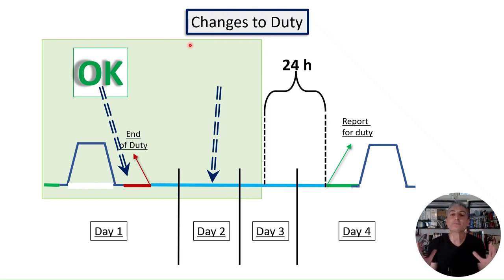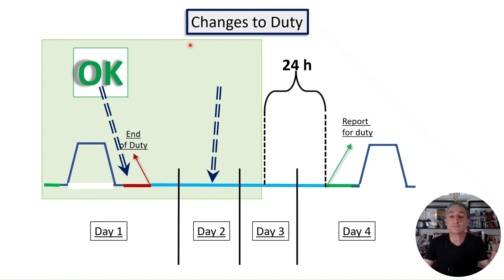So this is something that has to be very clear, meaning they can propose to you a roster change because it is within 24 hours. You can check and you can also acknowledge because maybe you like this new change because somehow it's more convenient for you. But you have no obligation to acknowledge. So the dispatcher should not expect that because it is 24 hours before your reporting, you must acknowledge.